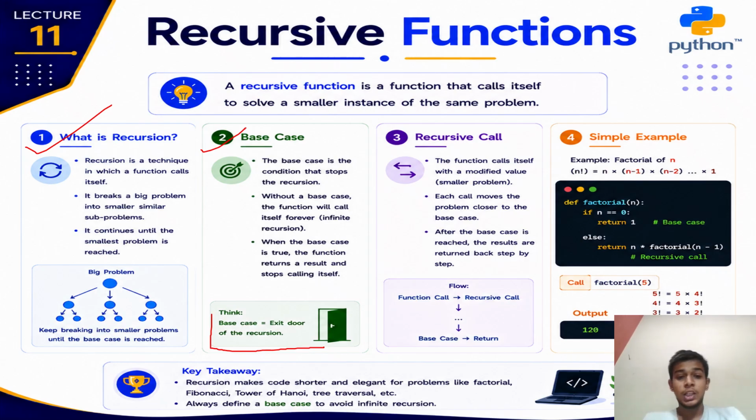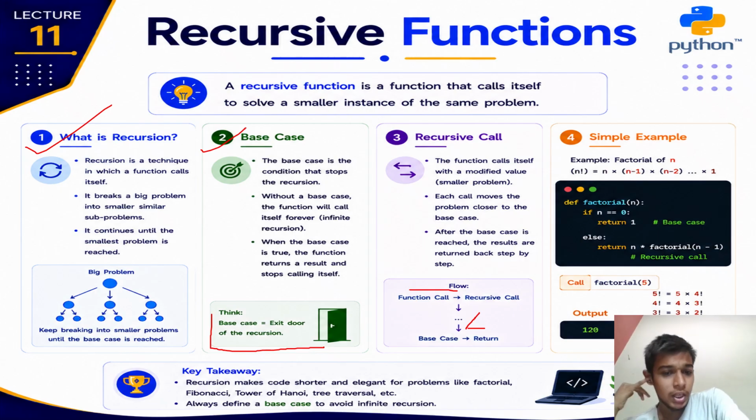After reaching the base case, Python starts returning the answers one by one until the original function call is completed. So the flowchart looks like this. You can see here, first we have the function call, then recursive calls, then the base case, then the return. This process may look confusing at first, but once you practice a few examples, it becomes much easier.